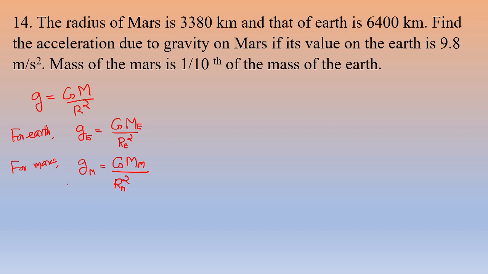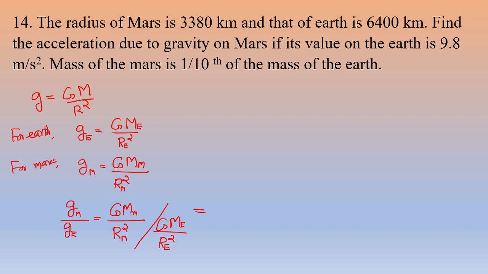Now divide these two equations. We have gM divided by gE is equal to capital G m suffix M divided by RM square, whole divided by capital G ME divided by RE square.